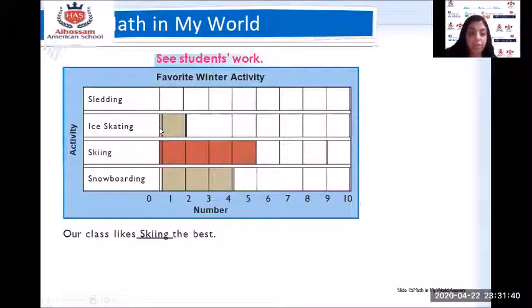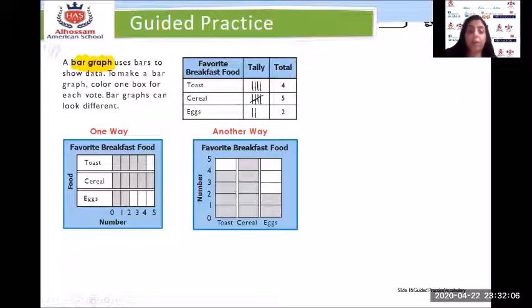I colored here 1 for ice skating and 4 for skiing and 3 for snowboarding. So my class liked skiing the best, of course, because it has the most votes. And the least one, ice skating. So it's really easy to use a bar graph.